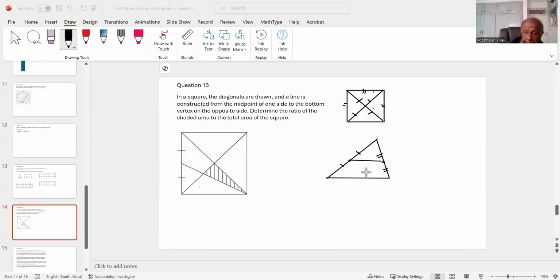This is a theorem. It's not obvious. If you join the midpoints of two sides of a triangle, then that line segment is parallel to this other one.